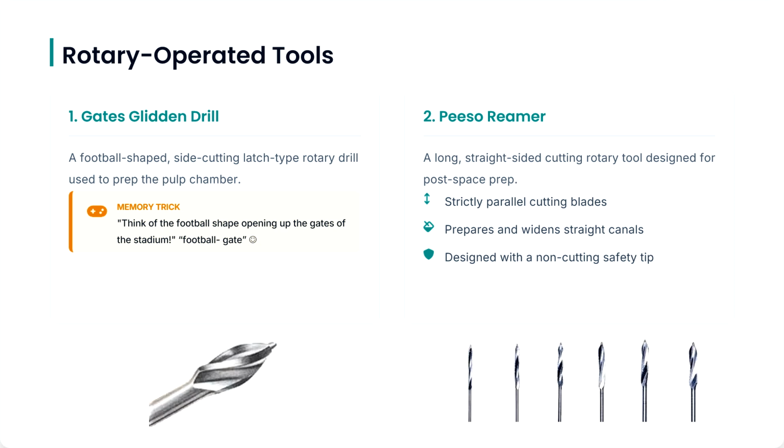But you got to know that the Gates Glidden drill is football shaped, right? And then your piezo reamers are used to do the same thing. They're a little longer and skinnier, so they can go deeper in the canals rather than just the chamber. So this is big and fat and football shaped to get into the pulp chamber, to smooth around the pulp chamber. The piezo reamers do the same thing, they're just shaped more straight.